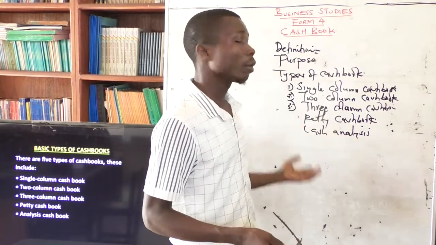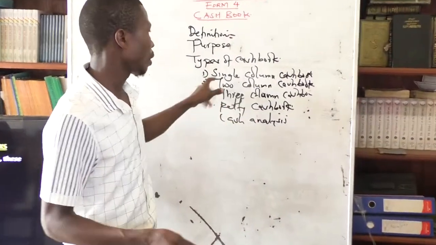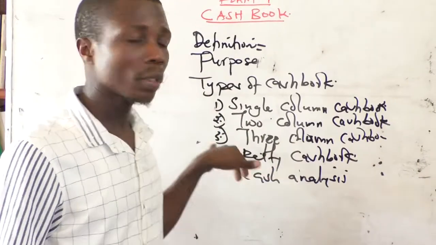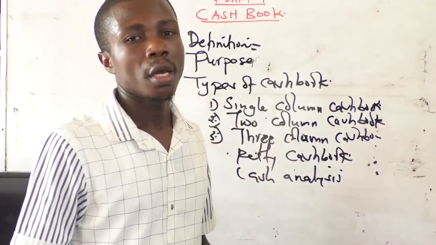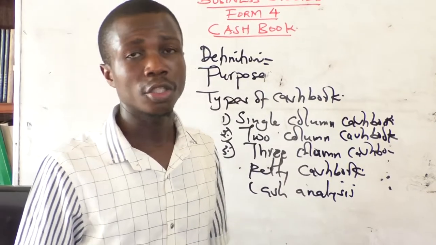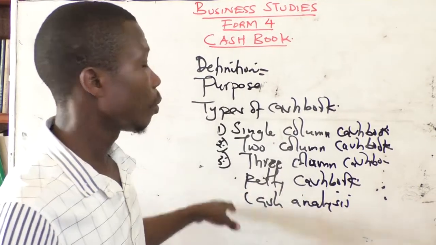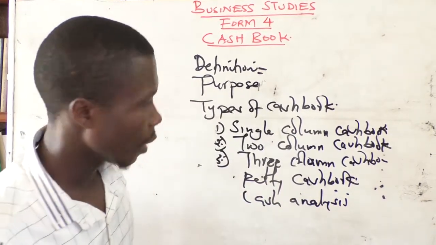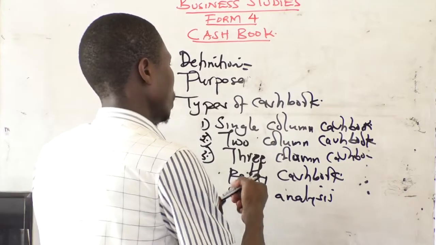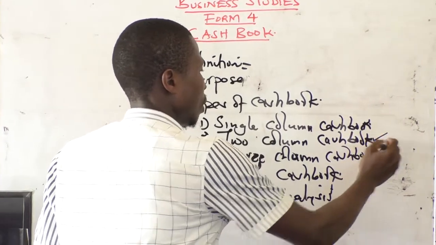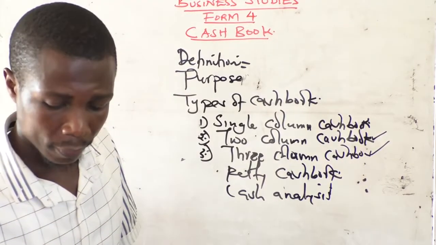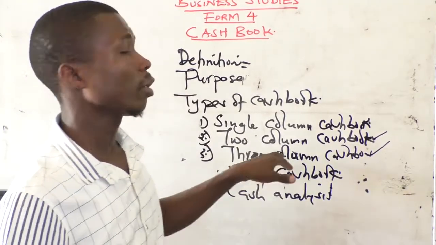If they ask for 3, you can write the 3. If they ask for 4, you can add the petty cash book and also the analysis cash book. But because of examination, we are going to concentrate on the 2-column cash book and the 3-column cash book.